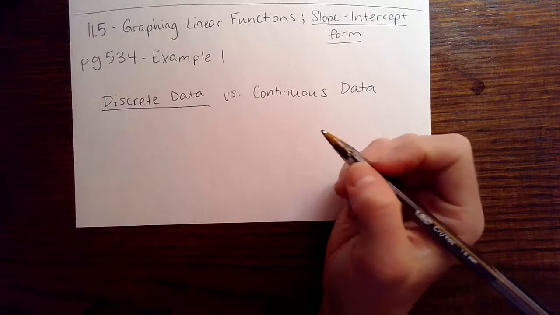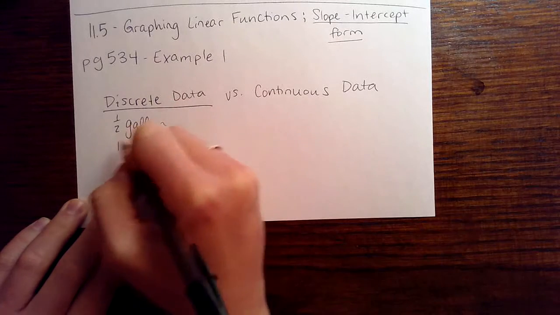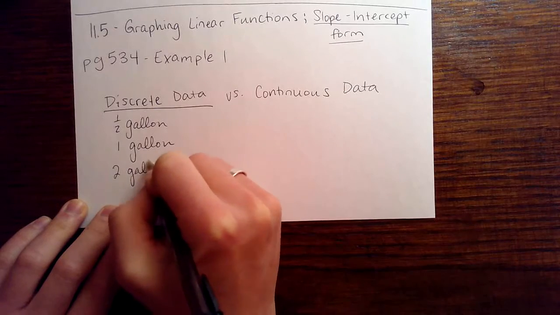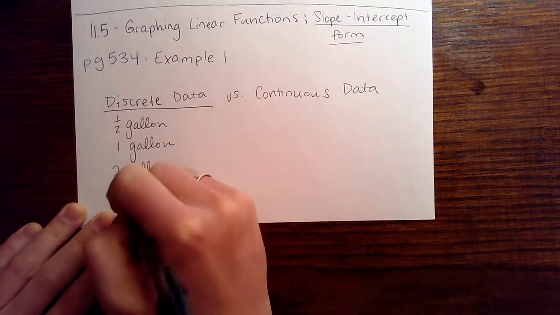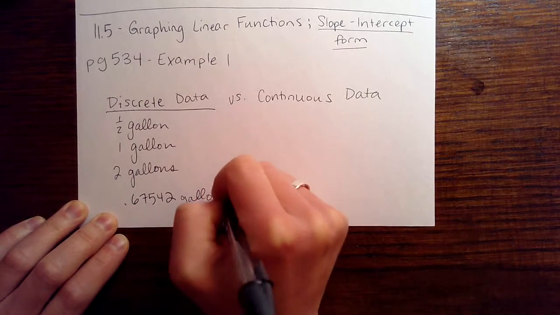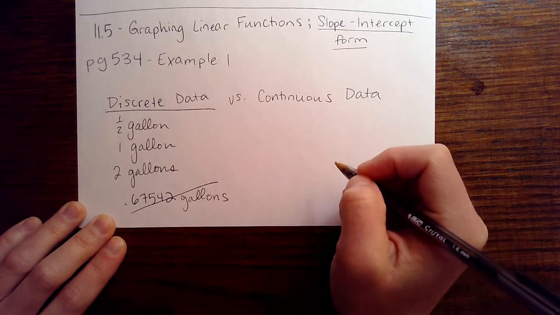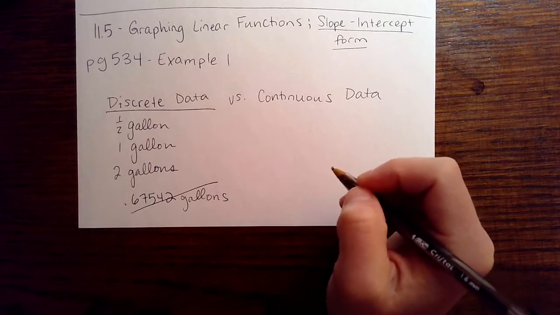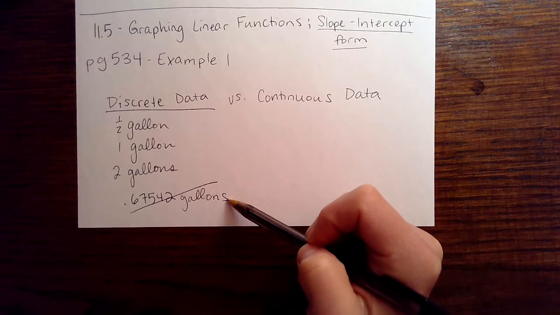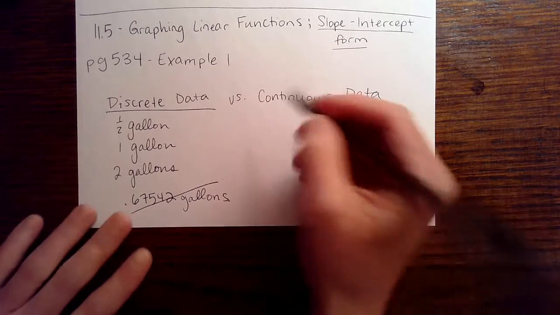If you go to the store, you can buy a half gallon, 1 gallon, 2 gallons, but you can't buy 0.67542 gallons. So discrete data means it goes up by some count. It might be a fraction or a decimal, but you can't get infinitesimally small amounts of milk. You couldn't ask them for a teaspoon of milk, for instance.